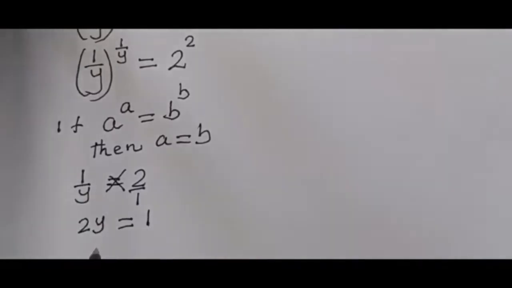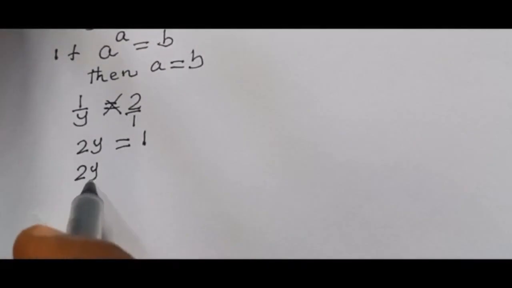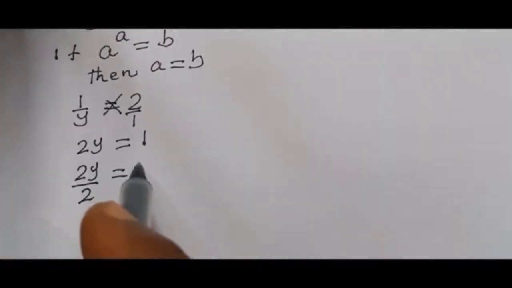So in order to get the value of y here, divide by 2 both sides. So we have 2y divided by 2 equals 1 over 2. So therefore, y equals 1 over 2. That is our answer.